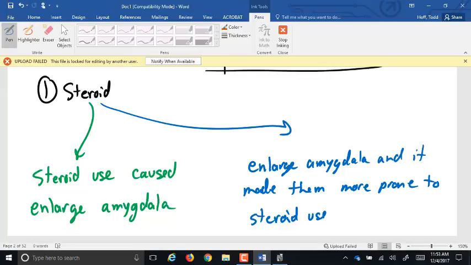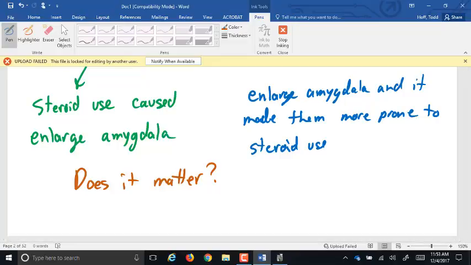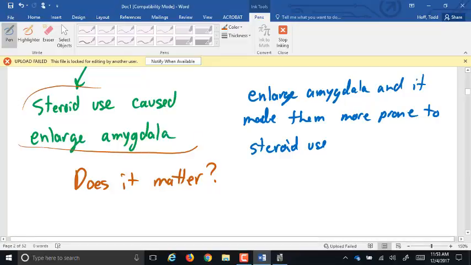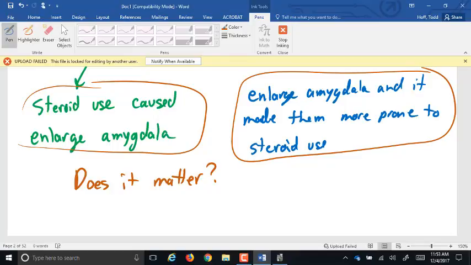So the question here is, do we care? Does it matter in this one which way it is or not? Does it affect the validity or the importance of this study? If the steroid use caused the amygdala to be enlarged, or if the people already had an enlarged amygdala that caused them to be more prone to steroid use.